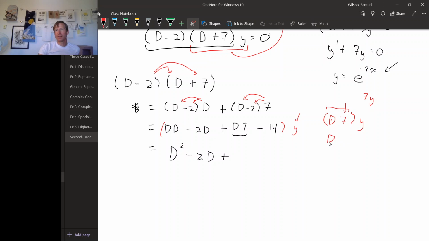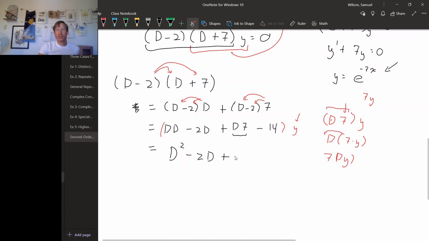So this is really D applied to 7 applied to y, but 7 applied to y is 7 times y. So this genuinely is multiplication. And then the constant multiple rule for derivatives lets us move this 7 outside. So 7 times D applied to y.